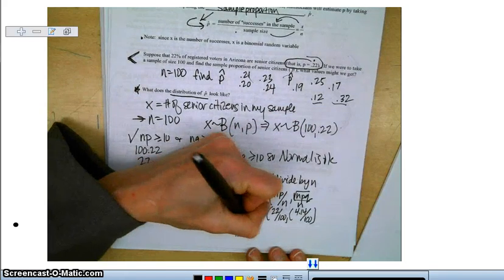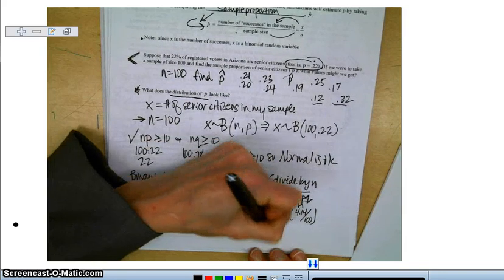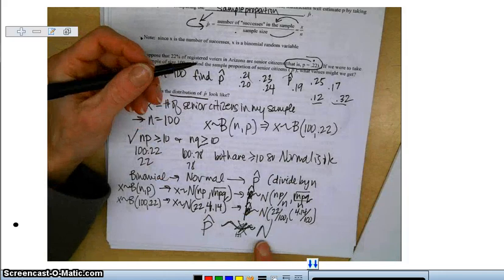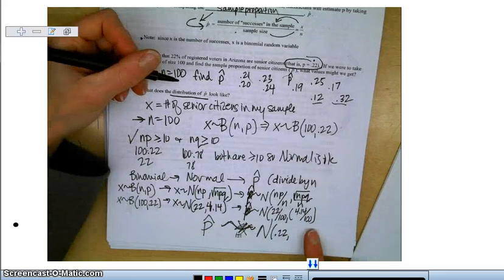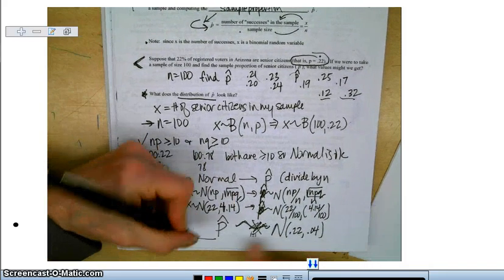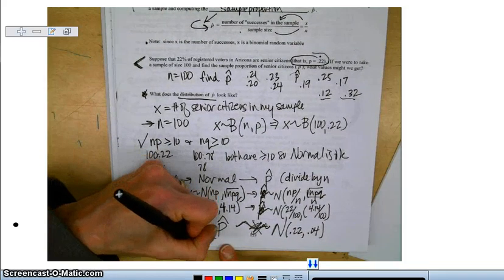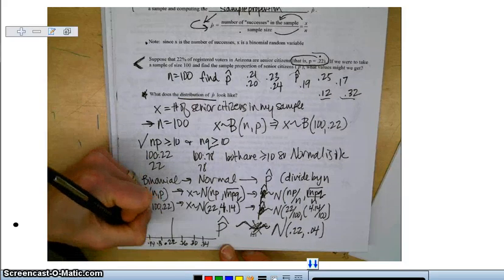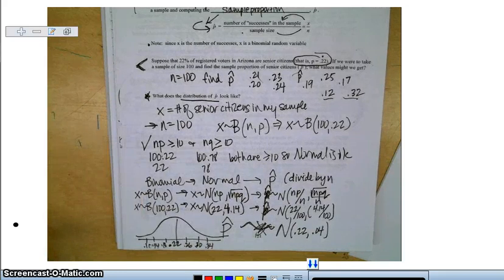So p hat is approximately normal, and the mean is 0.22, and the standard deviation is 0.04. You could draw a picture of this: 0.22, 0.26, 0.30, 0.34, and then 0.18, 0.14, 0.10. And that would be my distribution of p hat.